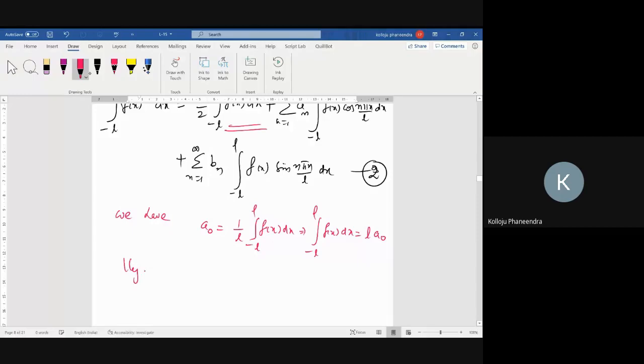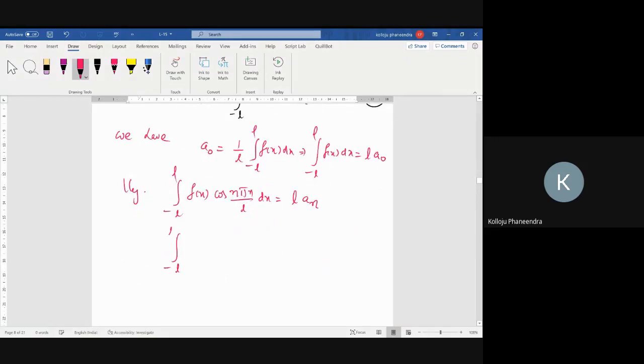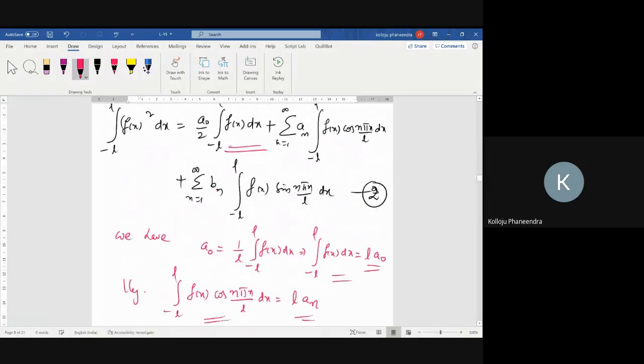Similarly, integral minus L to L f of x into cos n pi x by L dx equals L into an. And integral minus L to L f of x into sine n pi x by L dx is nothing but L into bn. Let us substitute all these integral values in equation 2.